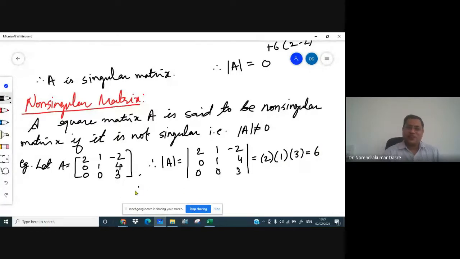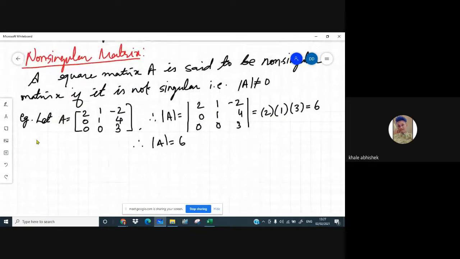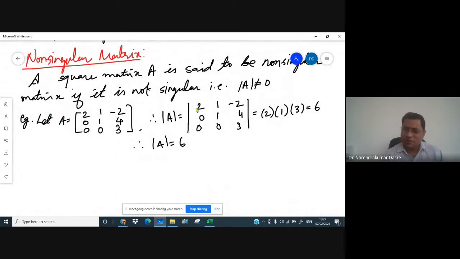So we have 6, and hence the determinant of A is going to be 6. If the determinant is 6, is it 0? Sir, I didn't get the property. The property here is, either it is upper triangular or lower triangular, then the determinant value is nothing but the product of diagonal entries.